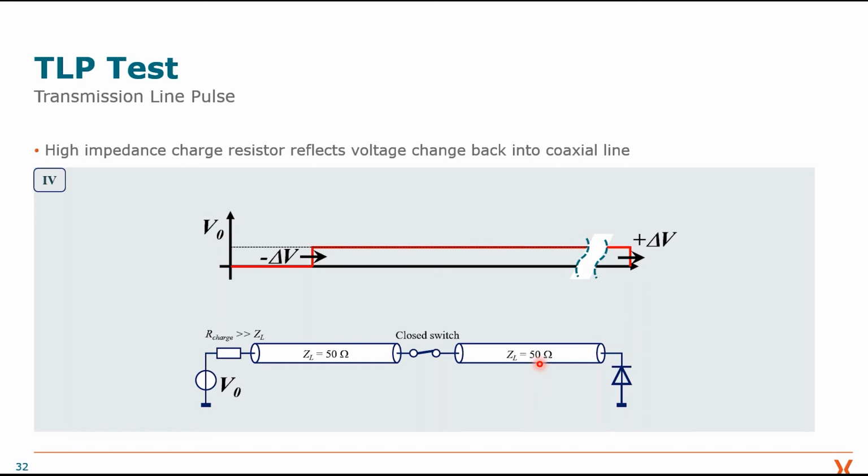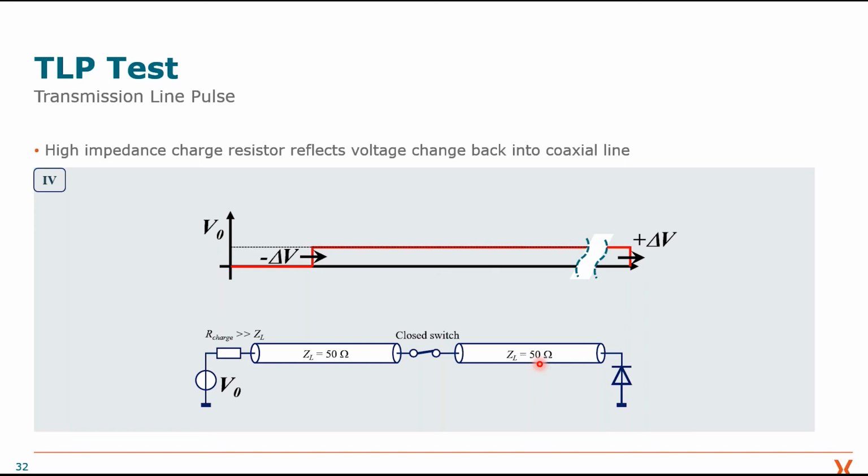We also have other electrical parameters we need to consider for the ESD protection, and Lucas already introduced this slightly: the dynamic resistance. Measuring this dynamic resistance is also tricky and not very trivial, and for this we need the transmission line pulse, the TLP test.